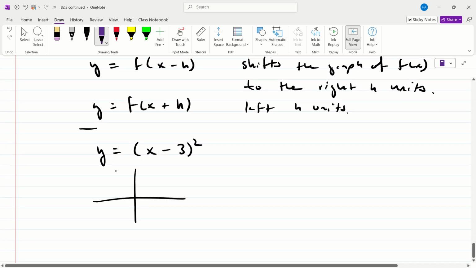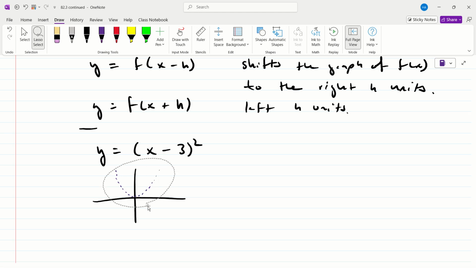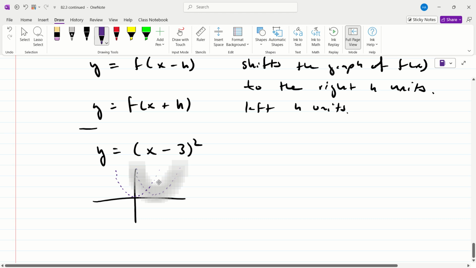So our original graph was y equals x squared, and we're going to take this graph and shift it to the right 1, 2, 3 units. So our new graph will look like so.